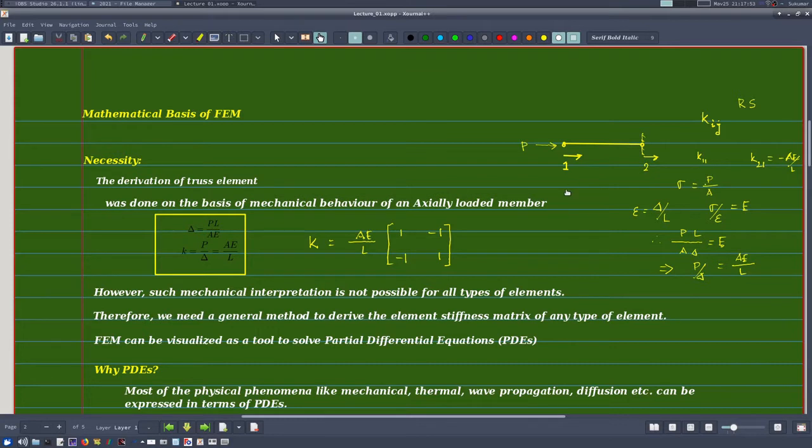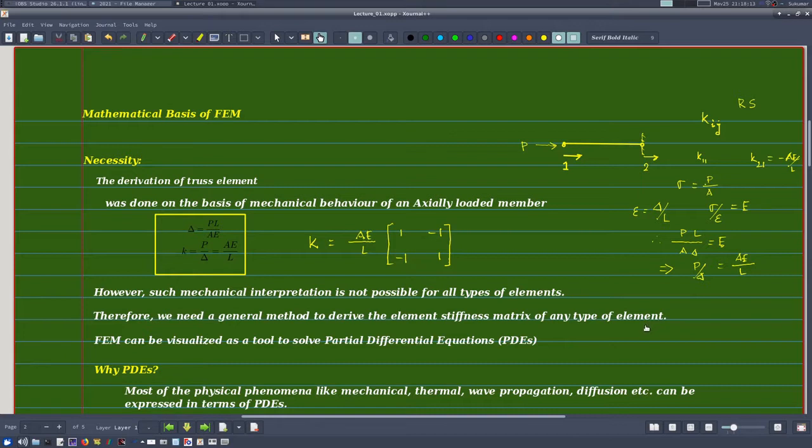Therefore, we must be able to find a general method to derive the element stiffness matrix of any type of element, and that is why we need to understand the mathematical basis of the finite element method.